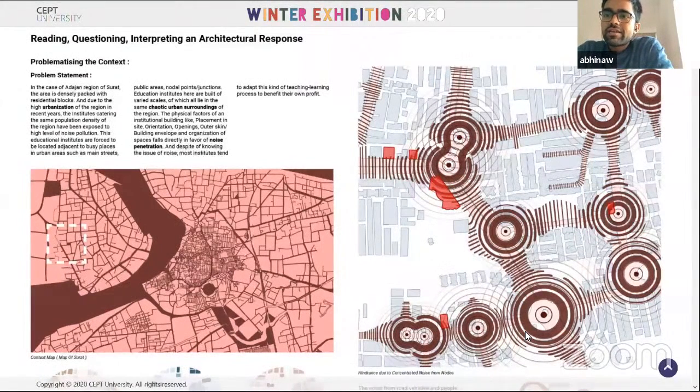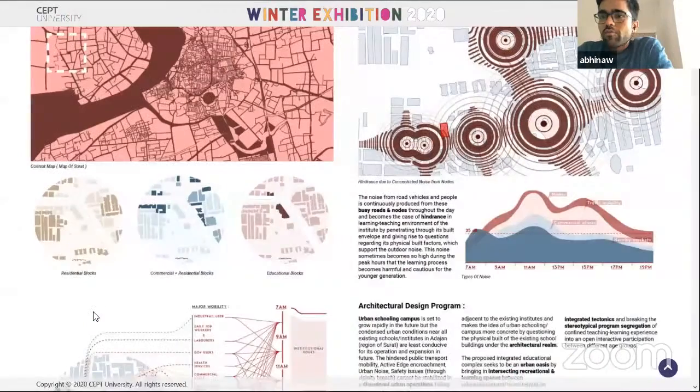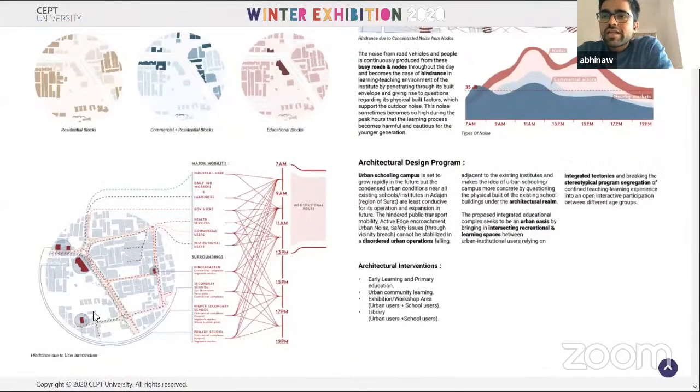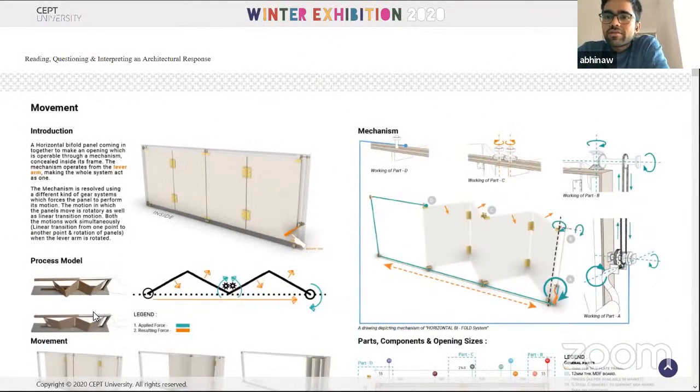There he actually went through different case studies where he found out that noise was a problem, and it was creating problems for many educational institutions around. So going through various exercises, we found out how the problem was happening.